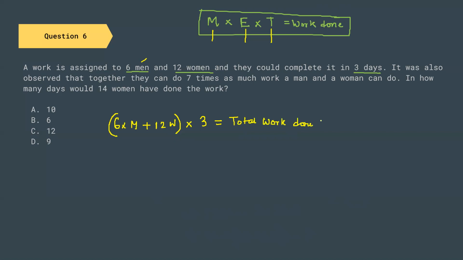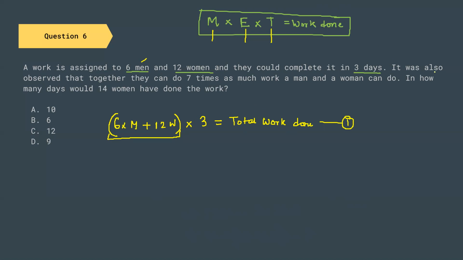This is equation number one. Let us go through it again. Six men contribute 6 into M efficiency, and 12 women contribute 12 into W efficiency. So this is the total work done in a single day, and they worked for 3 days, so I multiplied by 3 to get the total work done.